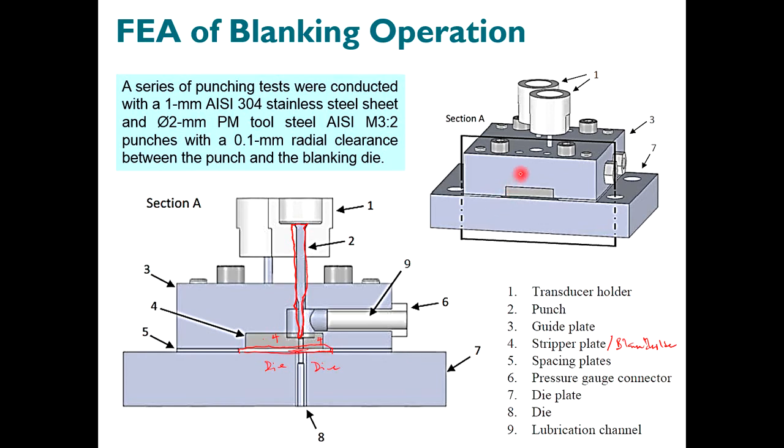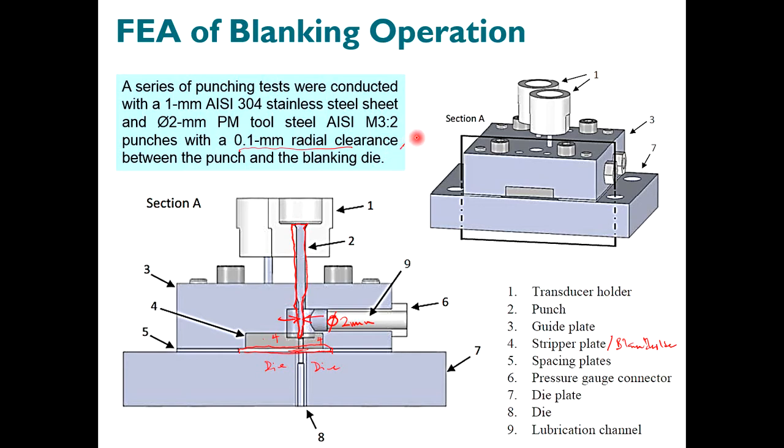This is the cross sectional area of the die for the punching. This is the case where a 2 mm punch is being used, so this is the 2 mm punch, with a 0.1 radial clearance.